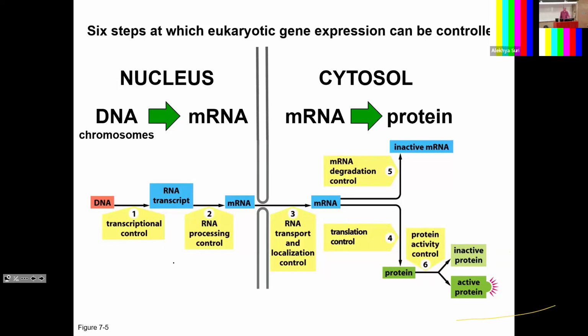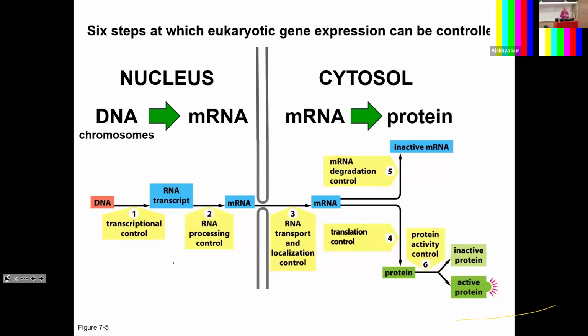There are certain control points, for example, which genes are activated or repressed. There would be certain checkpoints before an RNA leaves the nucleus, so RNA processing control.